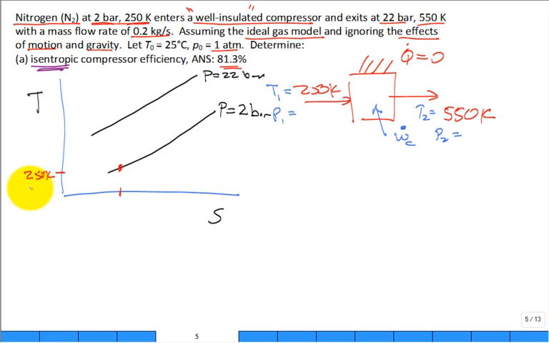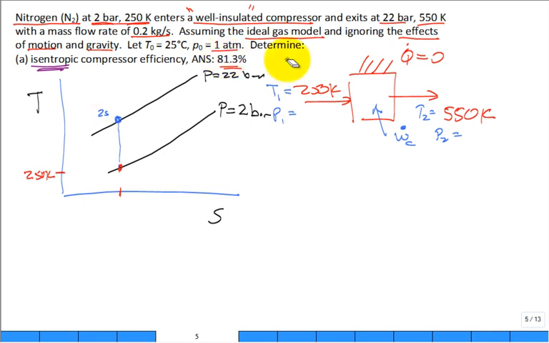If I had an isentropic efficiency of 100%, where would state 2 be in relationship to state 1? Straight up. Yeah. So this is the line to the state 2S. That's as if it was isentropically compressed. But we didn't get state 2S given to us in the problem.